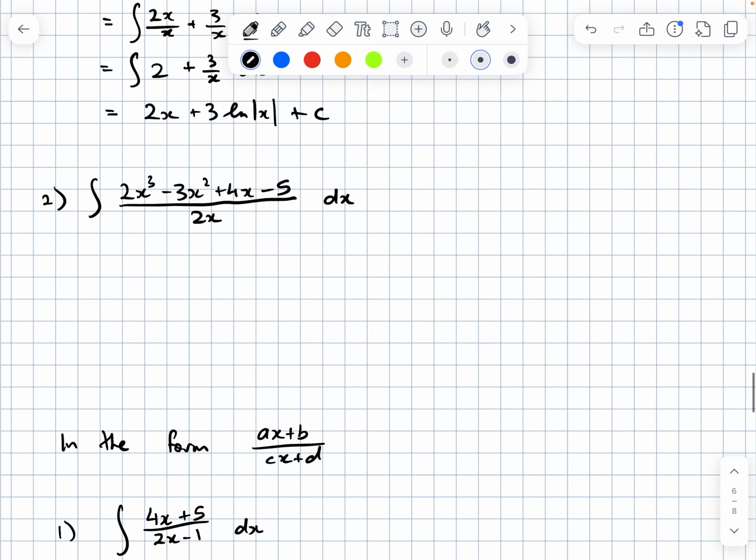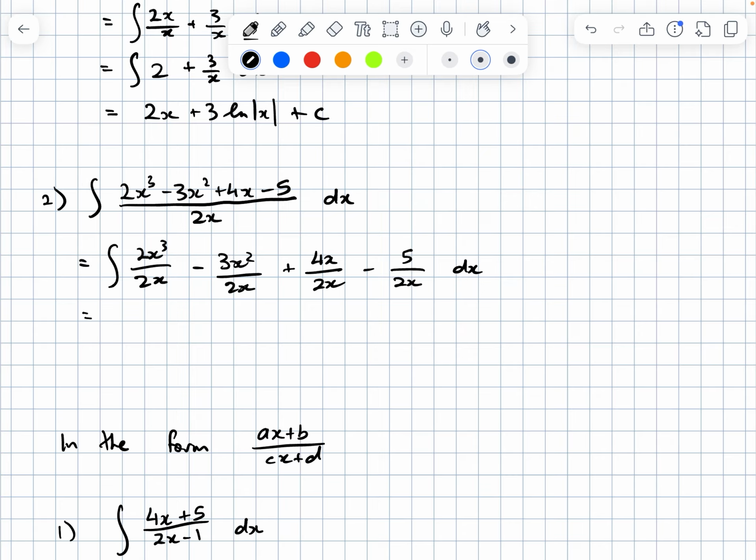Number 2, a bit more complicated. We've got some nonlinear terms in our numerator now, but it's still the same. We're going to be taking all of those numerator pieces and putting them over 2x. So we get 2x cubed over 2x minus 3x squared over 2x plus 4x over 2x minus 5 over 2x dx.